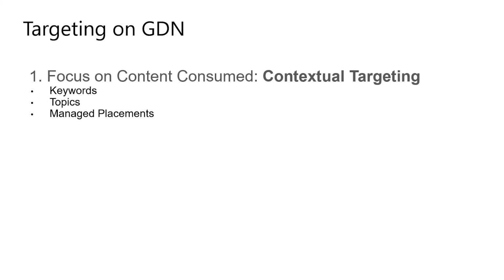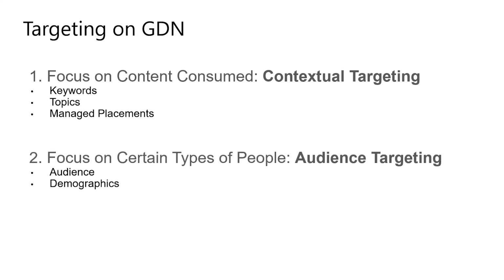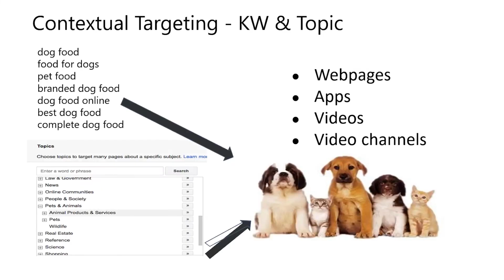So you could put in all this and target people who are searching for these keywords or reading content related to these keywords, visiting specific websites, and you could show your ads there. Or the second is on the basis of people, right? So which is audience targeting. So Google GDN has both contextual targeting as well as audience targeting, and the audience targeting is based on demographic profiles or certain audiences that you have.